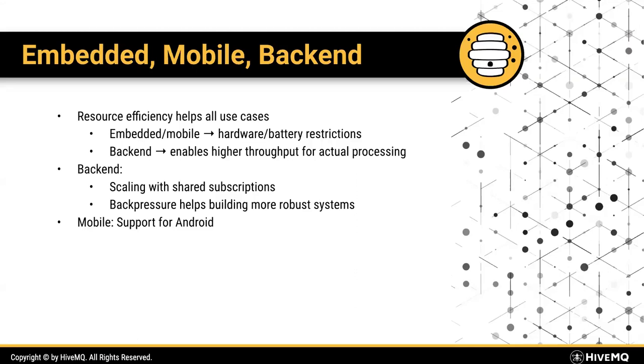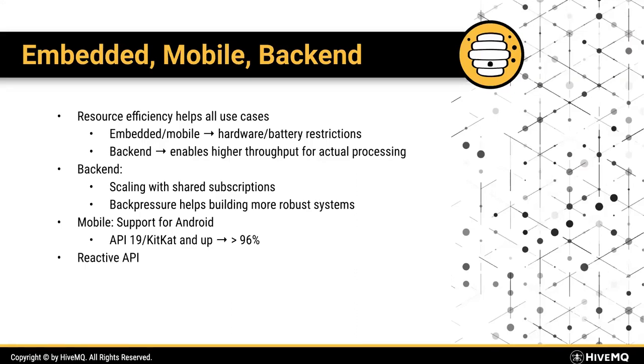And the HiveMQ MQTT client can run on the backend, we saw, and it can also run on mobile. We have support for Android, and for Android APIs 19 and up. So this is actually quite a lot of market share, almost 100%.